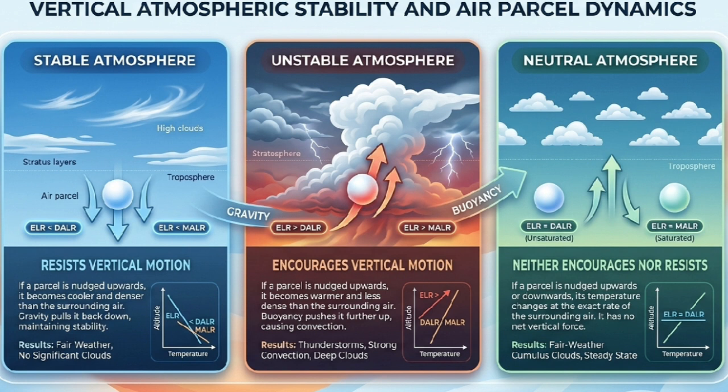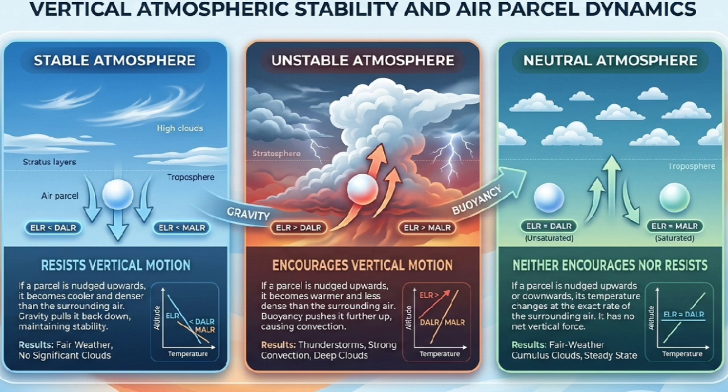On the other hand, if the environmental lapse rate is greater than the dry adiabatic lapse rate, the atmosphere is unstable. In an unstable atmosphere, when an air parcel is lifted slightly, it becomes warmer and less dense than the surrounding air and continues to rise on its own. This rising motion can lead to the development of strong vertical currents, cumulonimbus clouds, heavy rainfall, lightning, and thunderstorms.